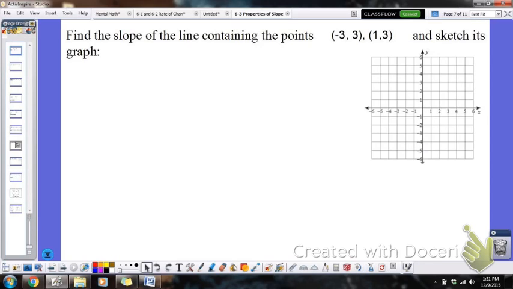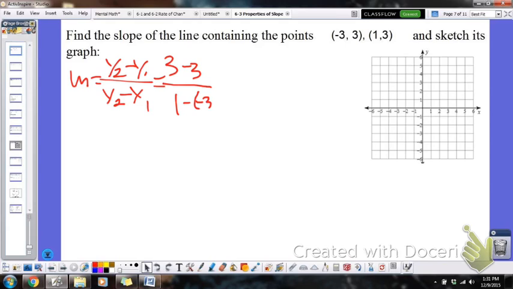Again, finding slope by y2 minus y1 over x2 minus x1, which in this case will be equal to 3 minus 3 over 1 minus negative 3. Well, 3 minus 3 is 0, and 1 minus negative 3 is 4. 0 divided by anything is 0, so this time we have a slope of 0.